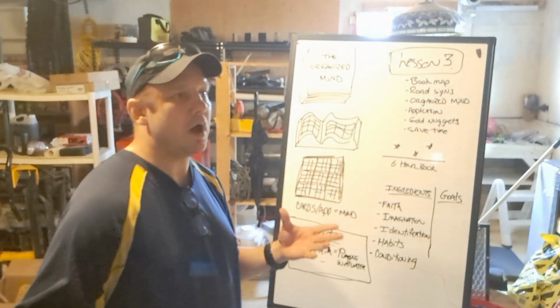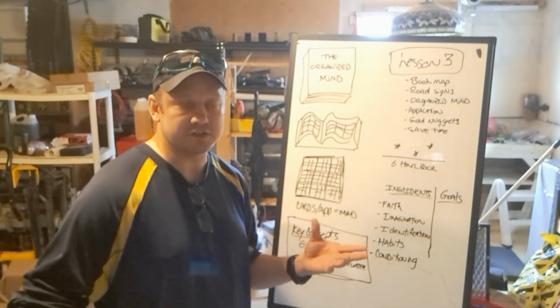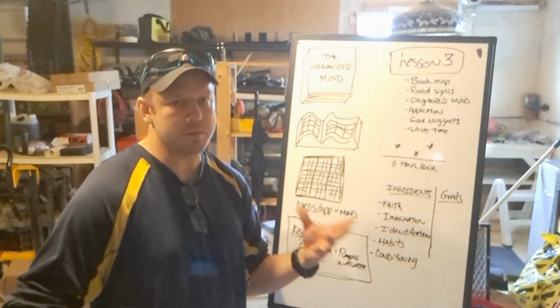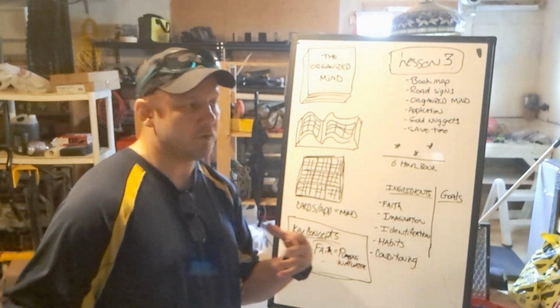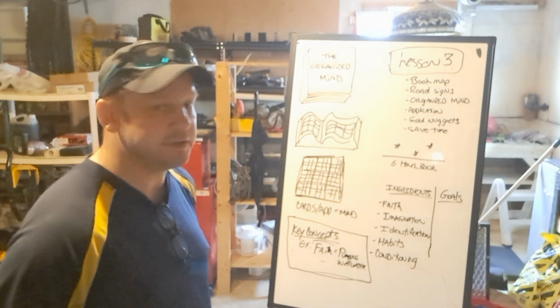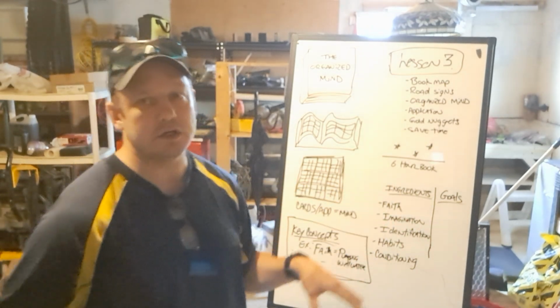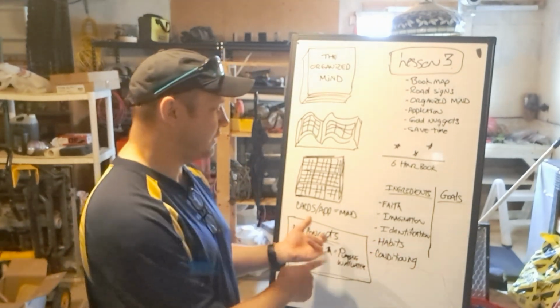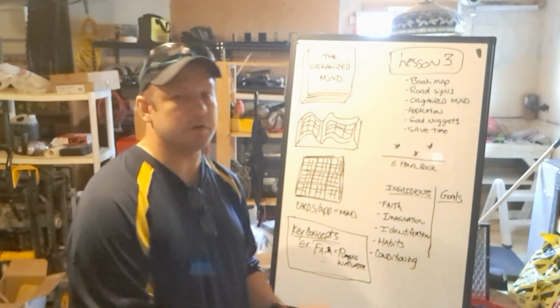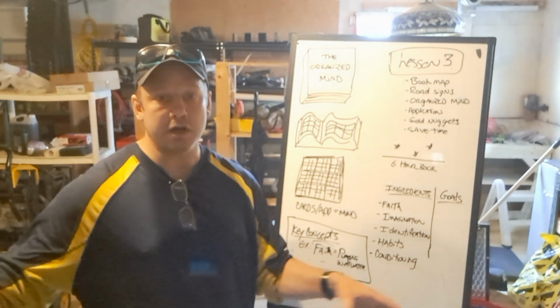That's how memory works: convert stuff into symbols, because if we see it, we can remember it better than if we don't convert it into something we can see, like an image. Then we can pull out all the ingredients from books, like faith, imagination, identification, habits, conditioning, all these different things that we find in a lot of books.